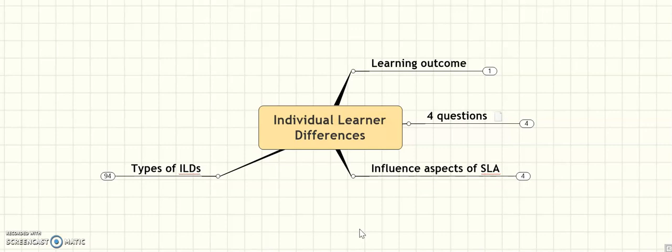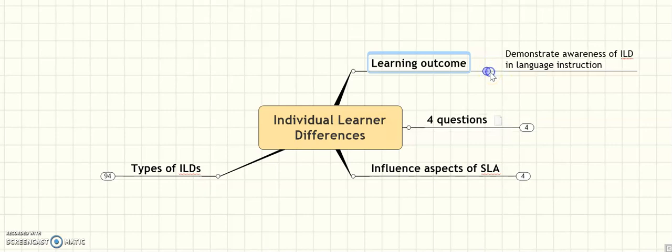So, why do we need to study individual learner differences? The reason is very simple. Because we need to understand our learners, and also we need to understand ourselves as teachers.